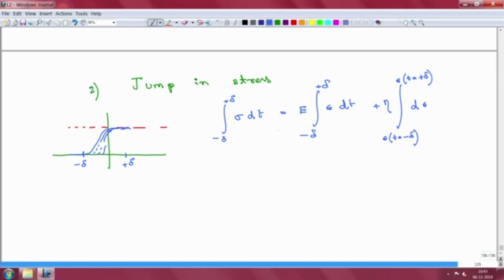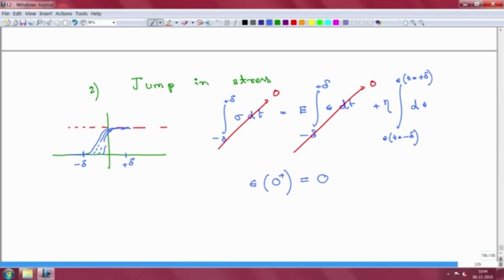As you take the limit of delta tending to 0, both these terms will go to 0, and you will be left with epsilon 0. So this gives you the jump in the strain, epsilon 0 plus, and because these are 0, you end up with a 0.